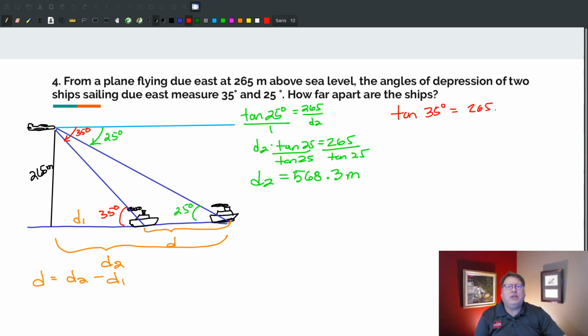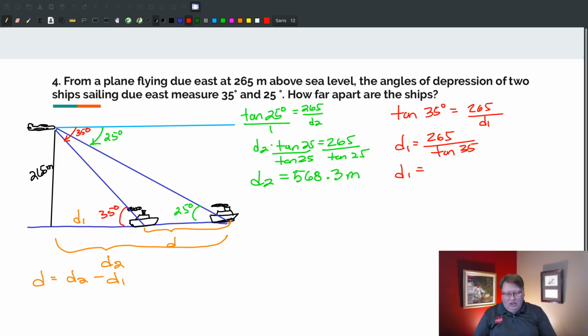So, 265 meters divided by d sub 1. And I hope you're seeing the same setup. So I know what's going to happen here. I know my d sub 1 is going to be 265 divided by tangent of 35. So I need d sub 1.